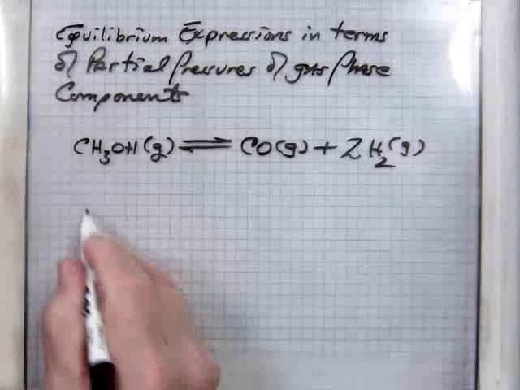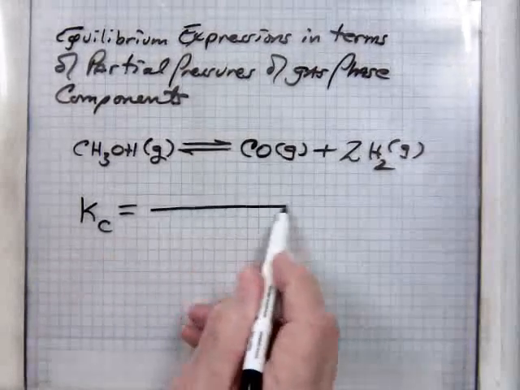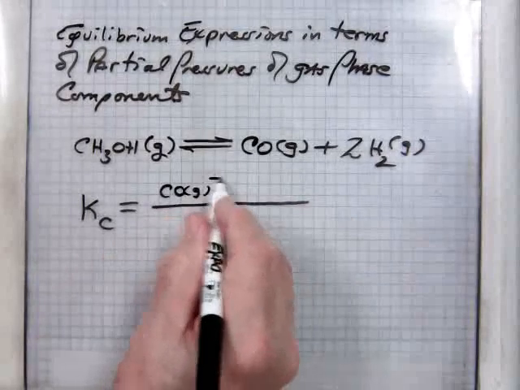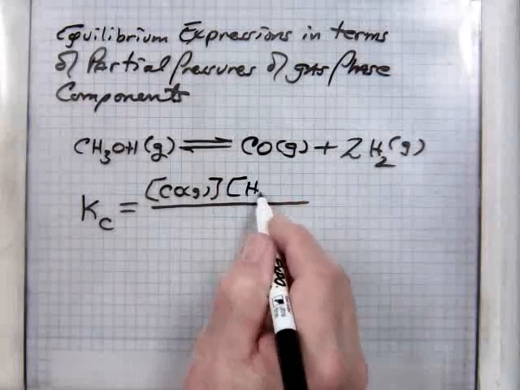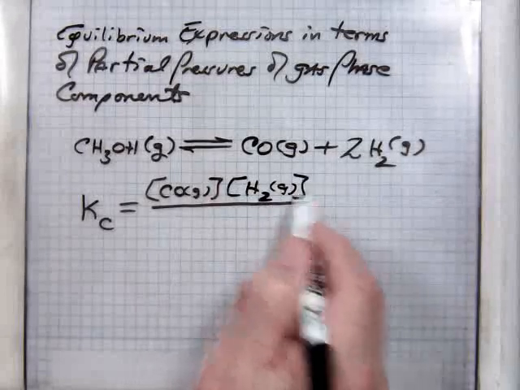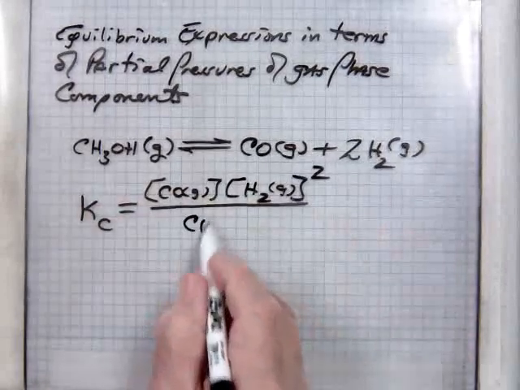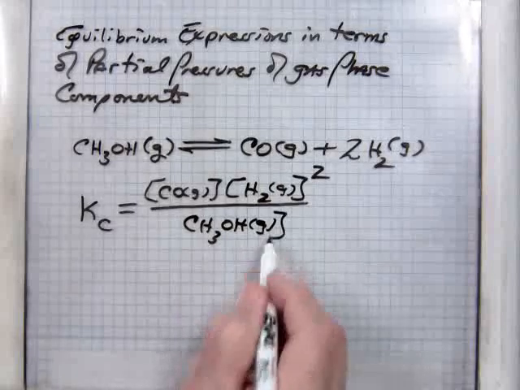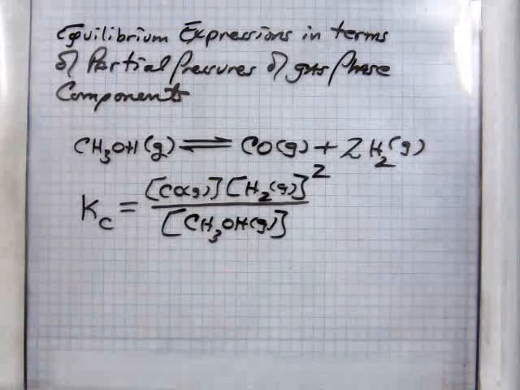The one that we covered is products over reactants: carbon monoxide gas molar concentration raised to the first power, times H2 gas raised to the second power, divided by CH3OH, methanol in the gas phase, raised to the first power. So that's the one you write in terms of molar concentrations.